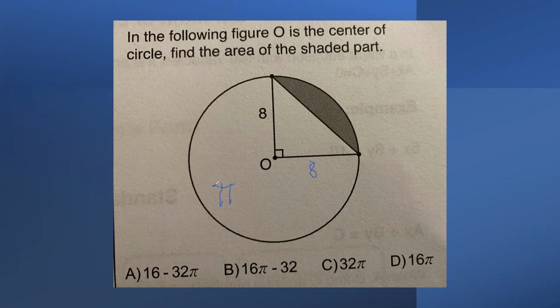The area of the whole circle is pi times the radius to the second power. The radius is 8, right? Because it goes from the center O to the circumference. So I'm going to do pi times 8 to the second power. 8 to the second power is 64. Now this would be the whole area of the whole circle.